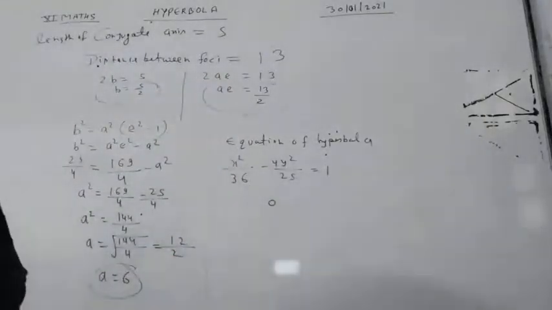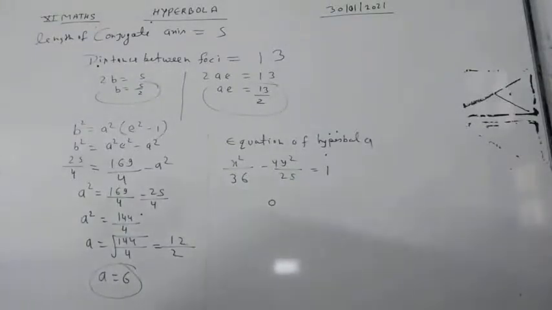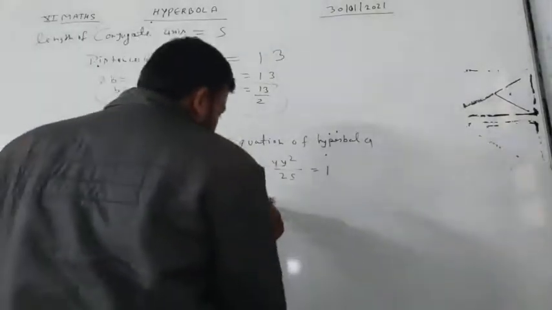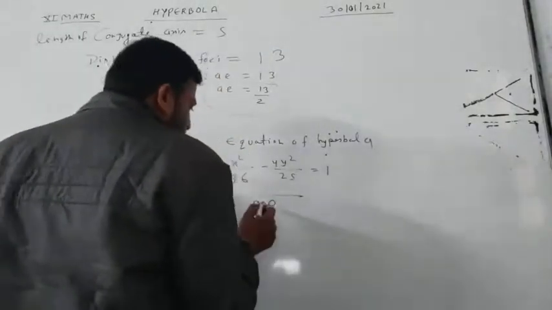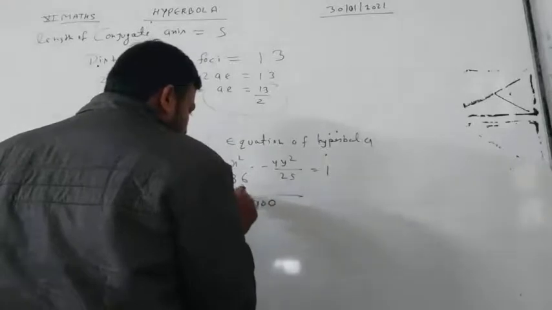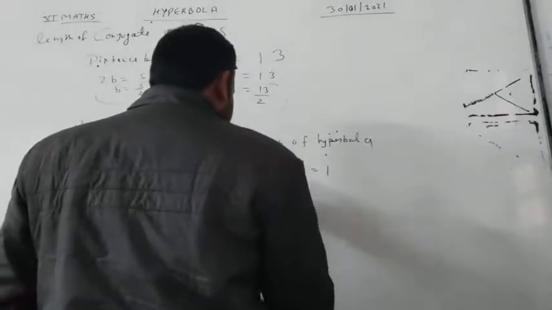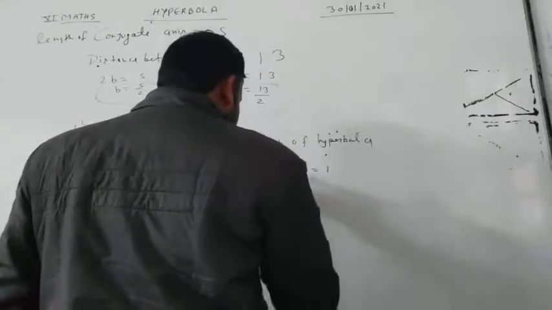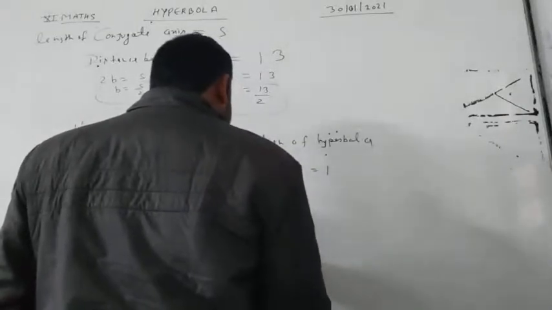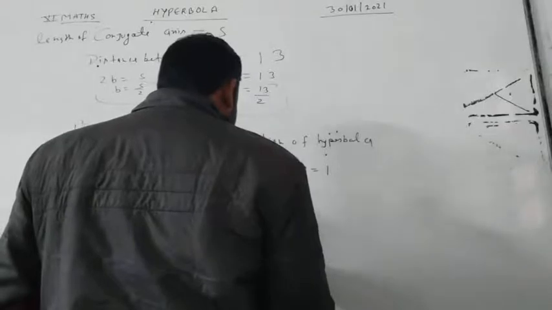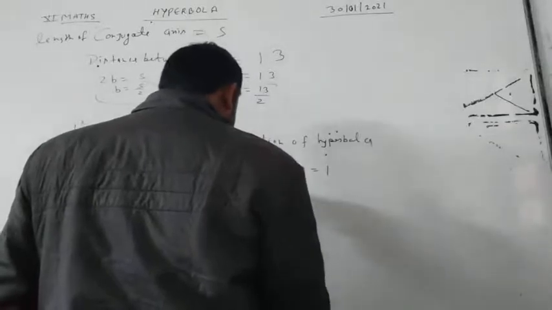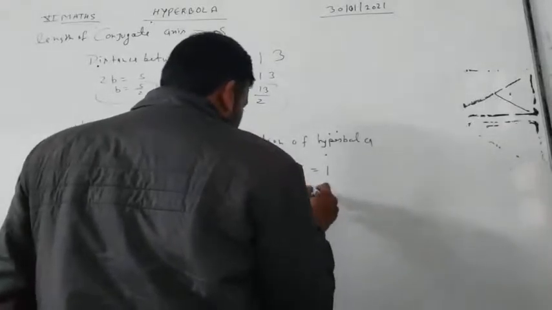So when we further solve it student, we can get our result, which is 900, and we can write 25x square minus 36 times 4, which is 144, y square.